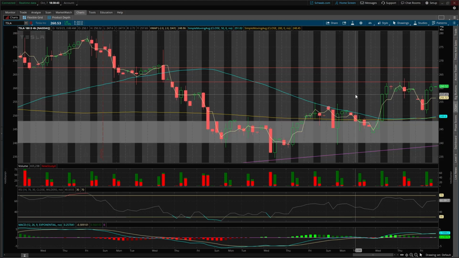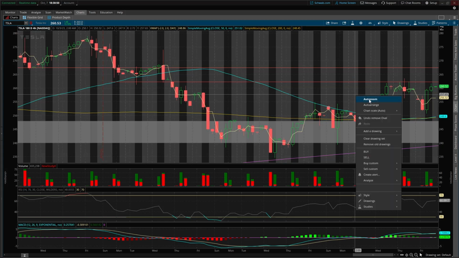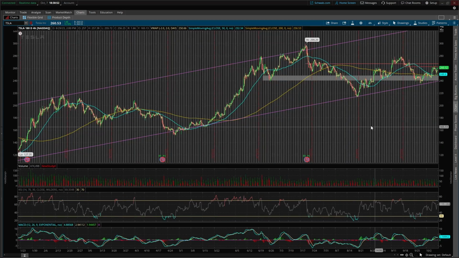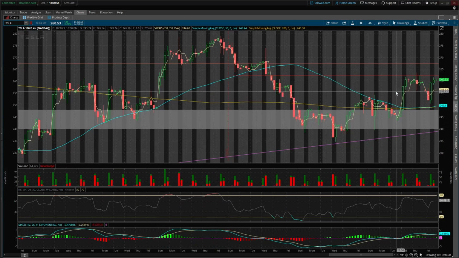The VWAP is a good indicator of where a stock is heading. If it's above the VWAP, then it's a good idea to go long.